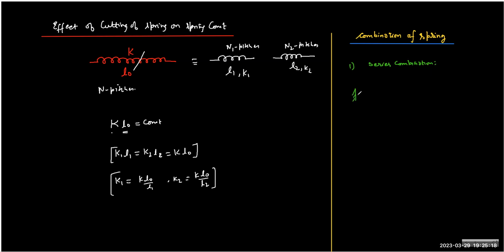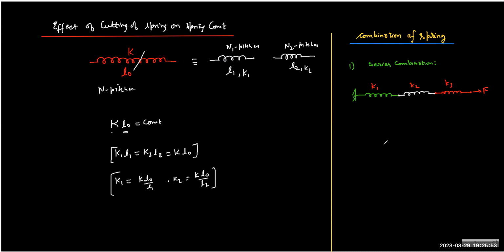Tell me, if you attach a lot of springs in series, will their elongation ability improve or decrease? They should be more flexible than before or less? More. Very good. So the stiffness of the combination will be less.